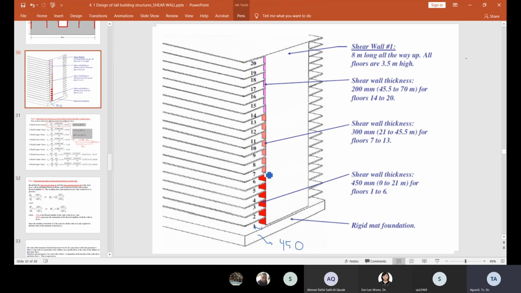From this level to this level, the thickness of the wall is 300 mm. And from story 14 to 20, up to the rooftop, the wall thickness is 200 mm. So you can see here the wall has different thicknesses.